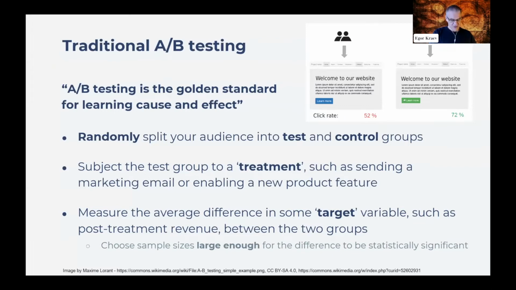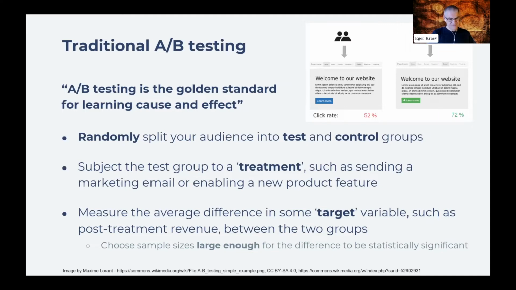And then you measure the average difference in some kind of target variable that you care about, such as click-through rates or spending in some period afterwards, between the control group and the different test groups. And because the difference is often quite subtle, you have to choose sample sizes which are large enough for the difference to be statistically significant. And so you might have to wait for a while until you get to the sample size.